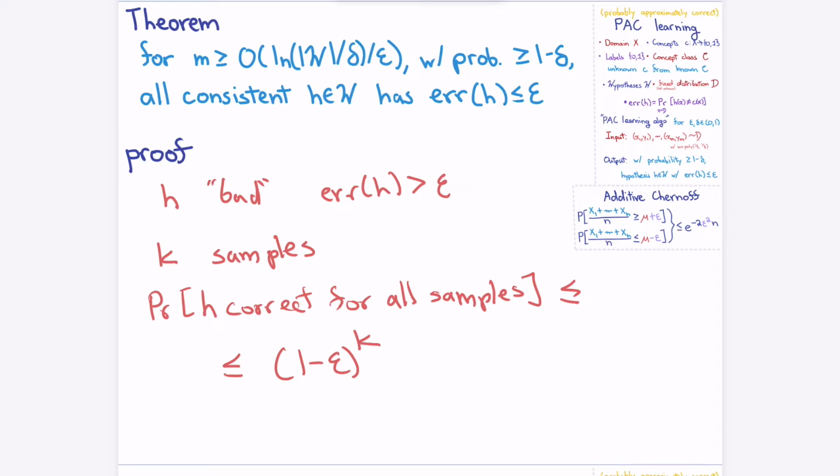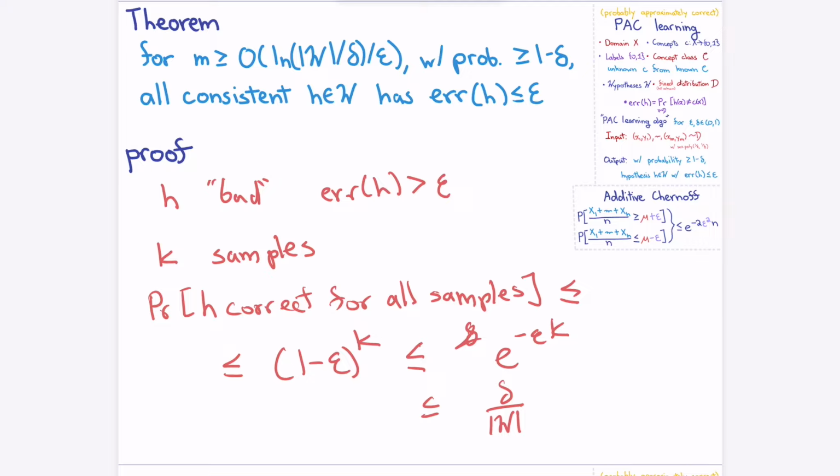Okay. And now what do we make k? We make k equal to m in that bound. Why? If we plug that in, you're going to get e to the negative epsilon k, and then from there, delta over the total number of hypotheses.